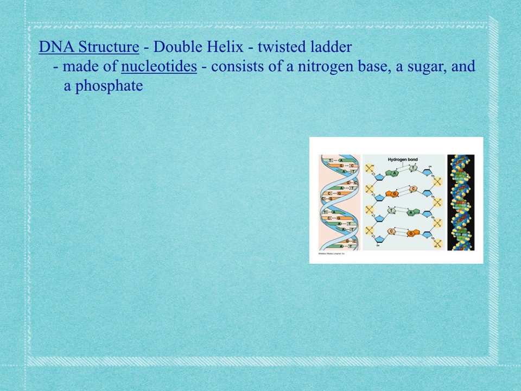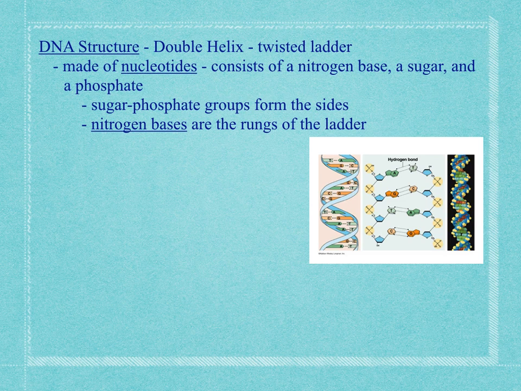And if you look at the picture here, you can see the nitrogen-containing base, the sugar, the phosphate. So one set of those is called a nucleotide. The sugar phosphate groups are going to form the sides of the DNA, so like the sides of the ladder. The nitrogen bases are the rungs of the ladder, so the steps on the ladder.